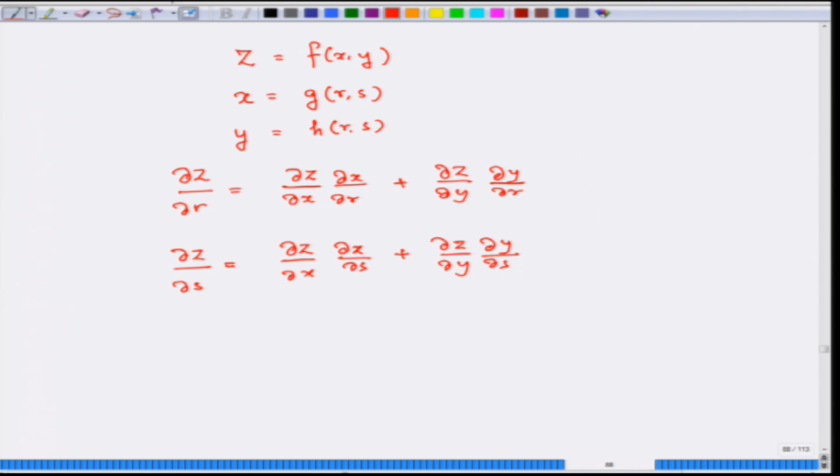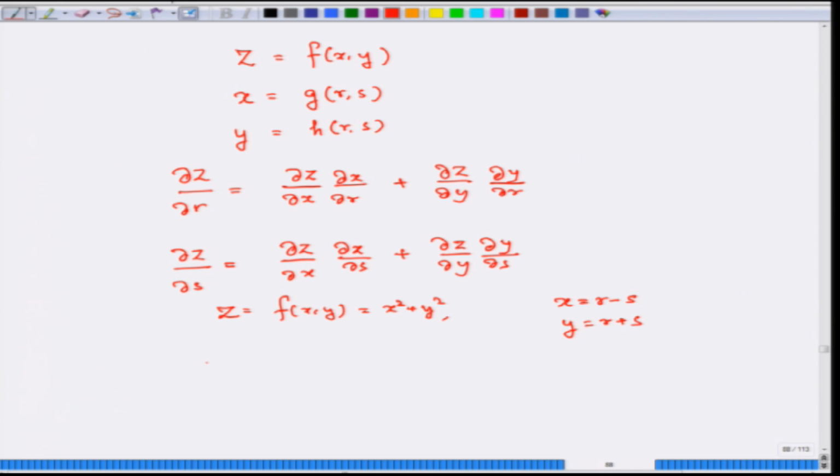So, you can take a simple example, say z is equal to x squared plus y squared. So, z is equal to f(x, y) is equal to x squared plus y squared. Now, I have written that x here is, say, r minus s and y is equal to r plus s.